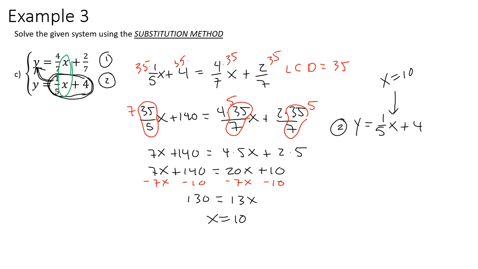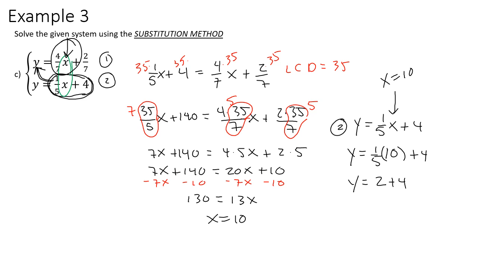If I let x equal 10, then you'll notice that 10 can get divided by 5 to give me a 2. That would not have happened if I chose 4 over 7. If I plugged a 10 in here, 10 would not divide evenly by 7.